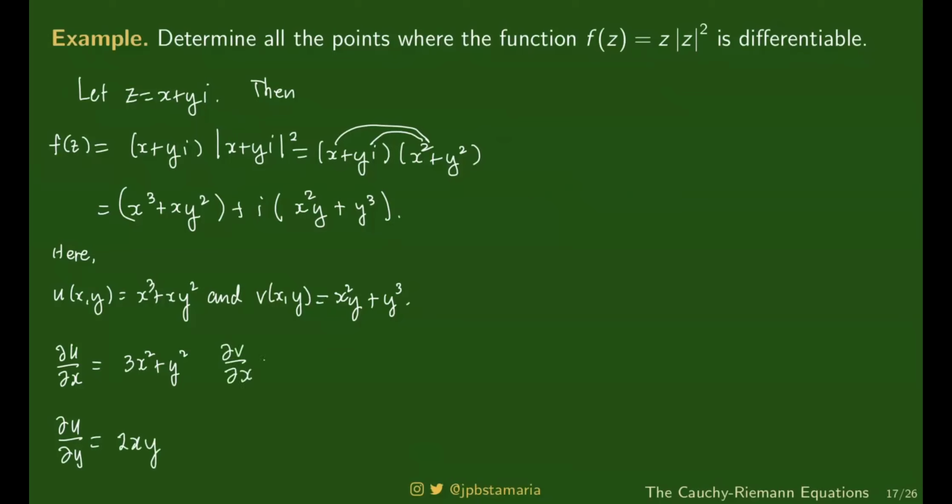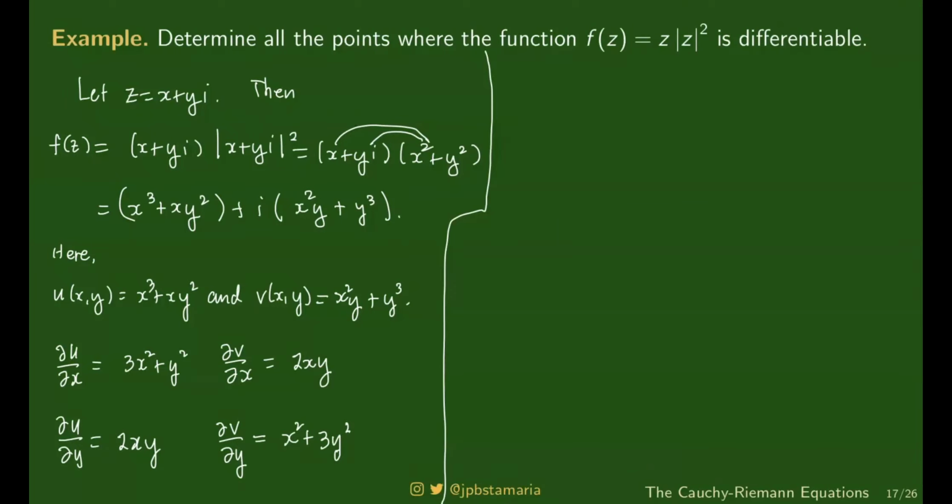Anong Vx? Ang Vx ay 2xy and ang Vy ay x squared plus 3y squared. Did I do the computations correctly? Tama? Can you agree? Agree ba kayo yung derivatives?